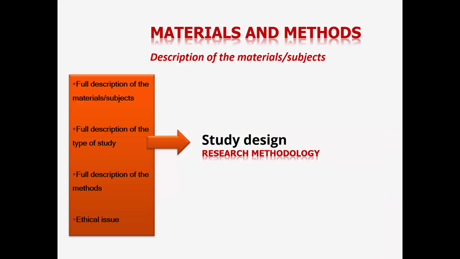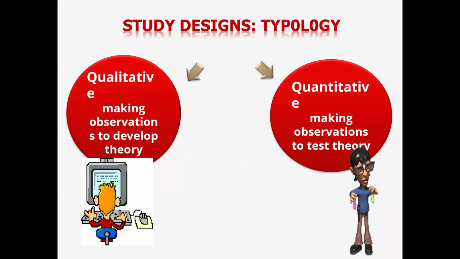Also, in the material and method, we have to highlight which type of study design we used. Either we used qualitative research, or quantitative research, and which type, either experimental or observational. Is it a quasi-experimental study, or observational like the cohort study, case control study, or cross-sectional study? Or the qualitative type of research like, for example, ethnography or grounded theory?